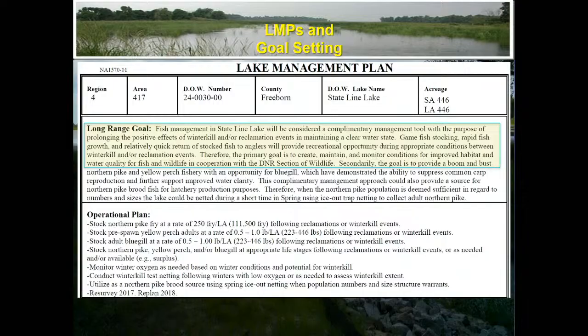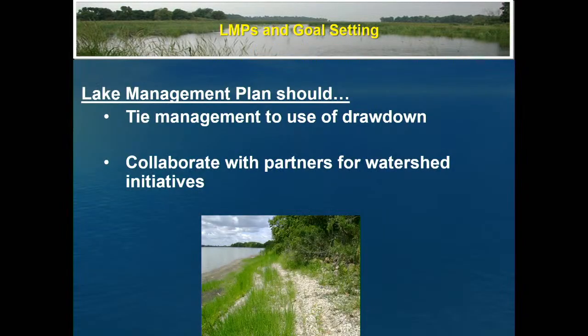So any fish management we do is to further that water quality habitat. As we're doing lake management plans, we want to tie the management to the use of drawdown. And then obviously, collaborating has been a huge part.